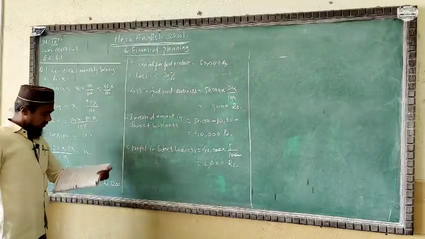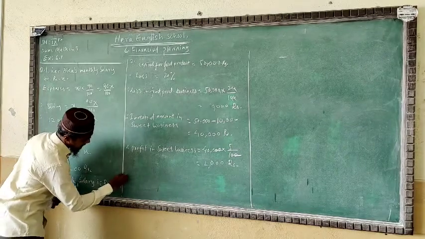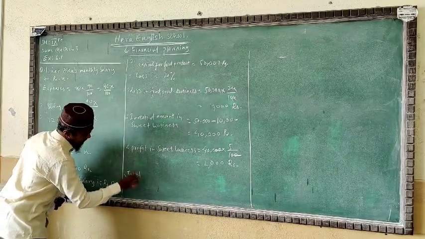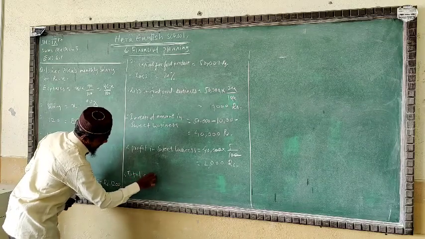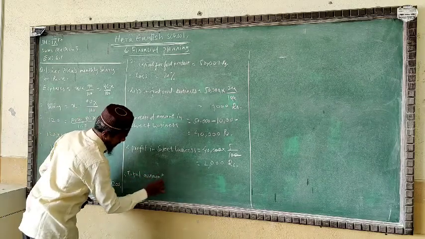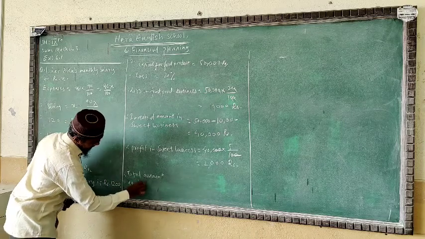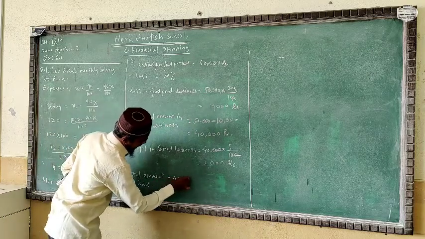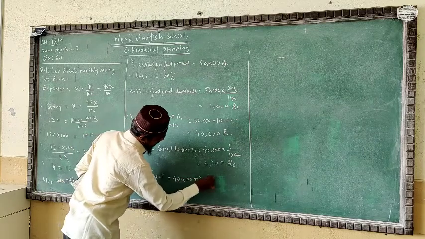Now how much amount does he have now? He has total amount equal to 40,000 and the profit he made, 2,000.